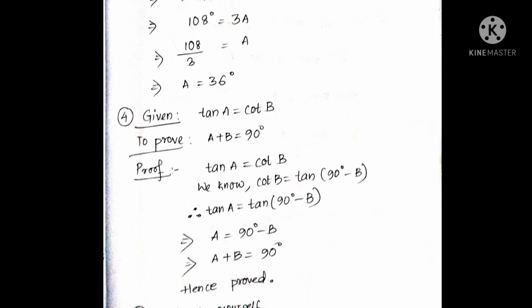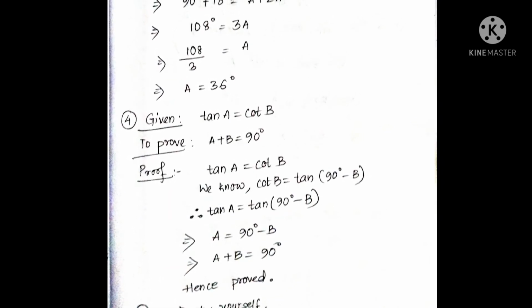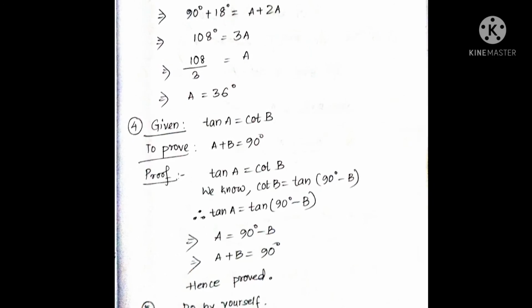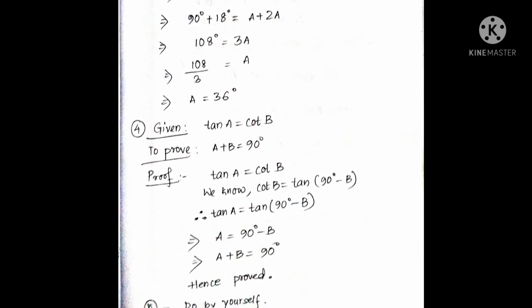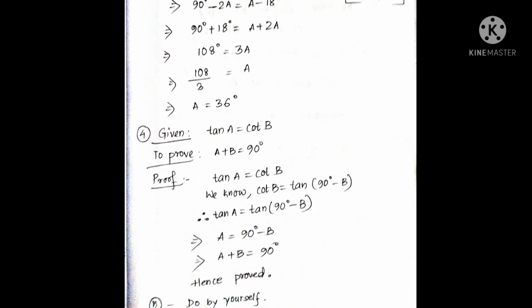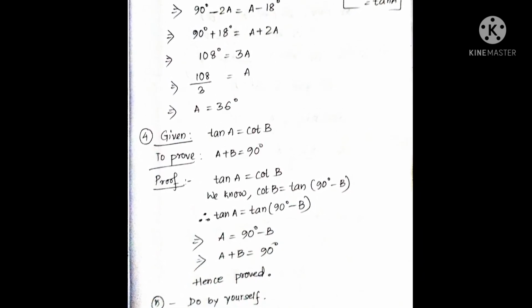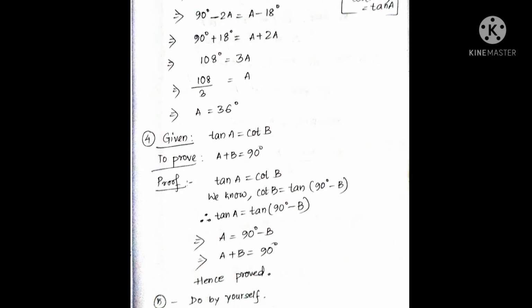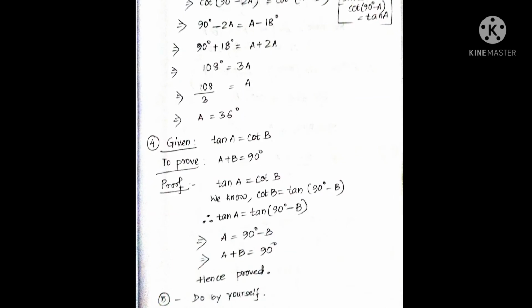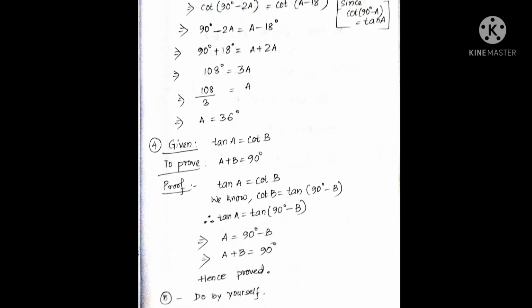Left hand side is tan a and right hand side is tan 90 degree minus b. That means they are equal. So when they are equal, the values are equal if the angles are also equal. So we can write angle A is equal to 90 degree minus b. So by transferring minus b to the left hand side, we will get a plus b is equal to 90 degree. Okay, hence this is proved.